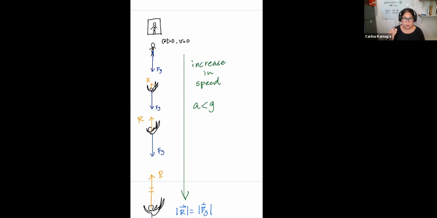Because as air resistance builds up more and more, the acceleration is less and less. So here, the net force is Fg minus R downward. So acceleration is downward.